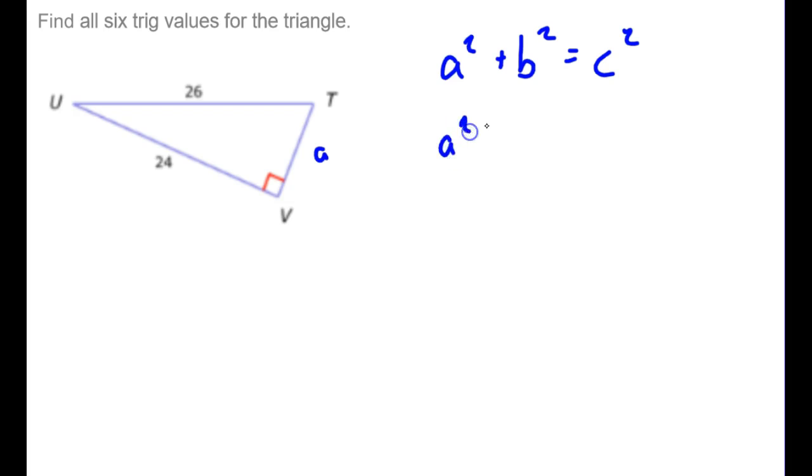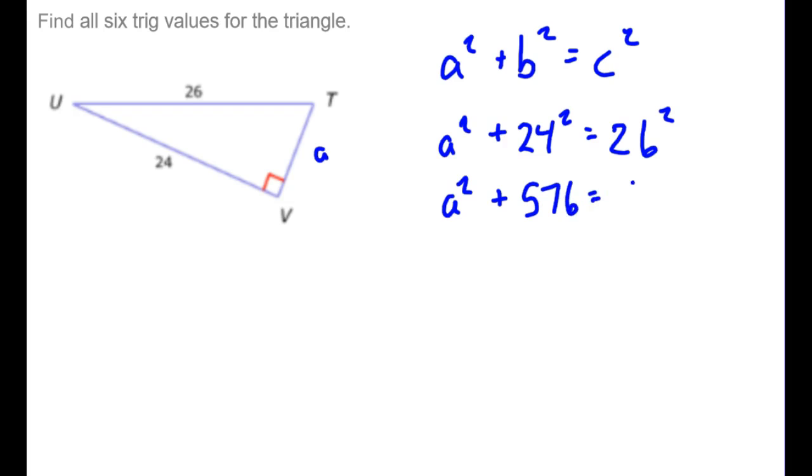So a squared plus 24 squared is equal to 26 squared. Using some algebra to simplify, a squared plus 576 is equal to 676. If I subtract 576 to the other side, we have a squared is equal to 100.